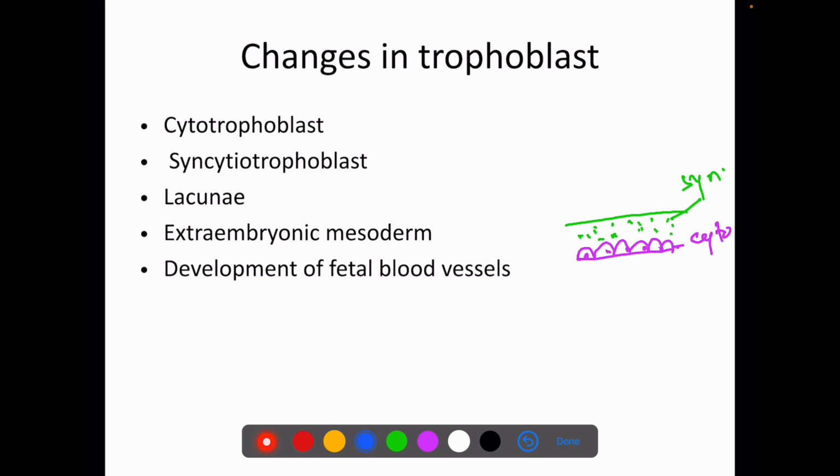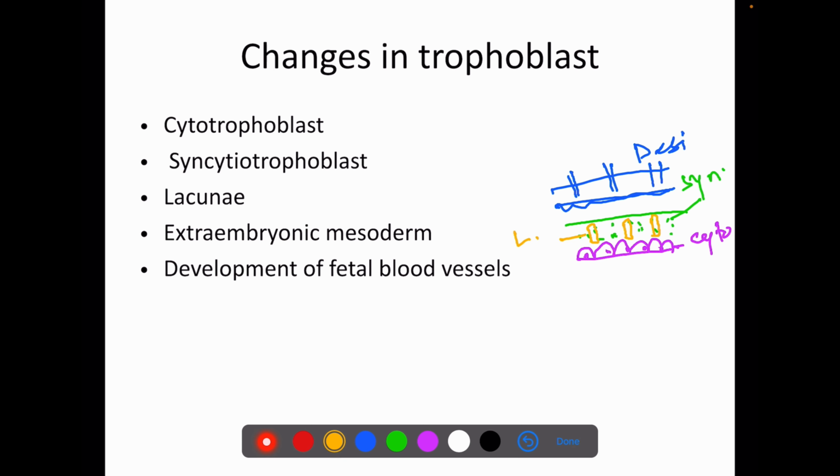And in the upper part there is the maternal surface, that is decidua. Now this decidua contains blood vessels, these are maternal blood vessels. As the development proceeds, cavities appear within the syncytium. Initially these cavities are random, but then they arrange themselves radially, and these cavities are called lacunae.